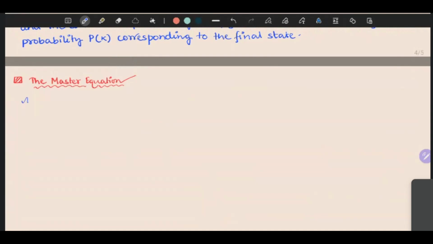An equation satisfied by the conditional probability P of k, t given j. Now the starting point for the derivation of this master equation is the Chapman-Kolmogorov equation.